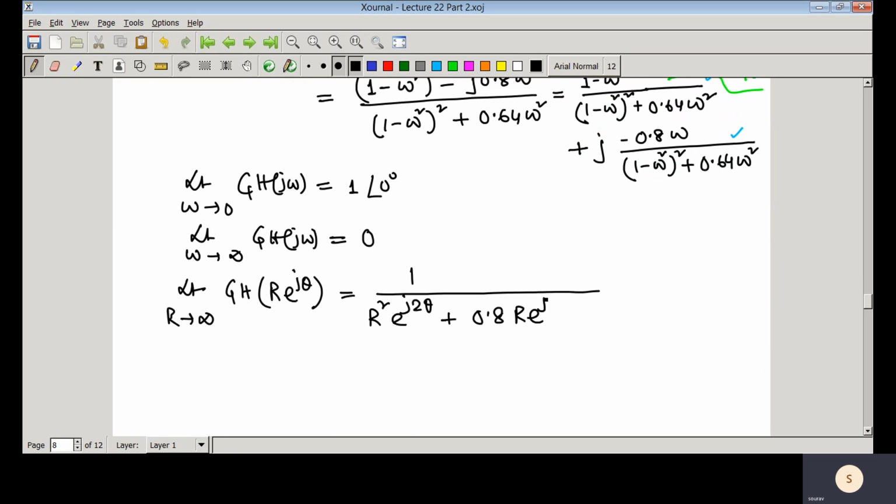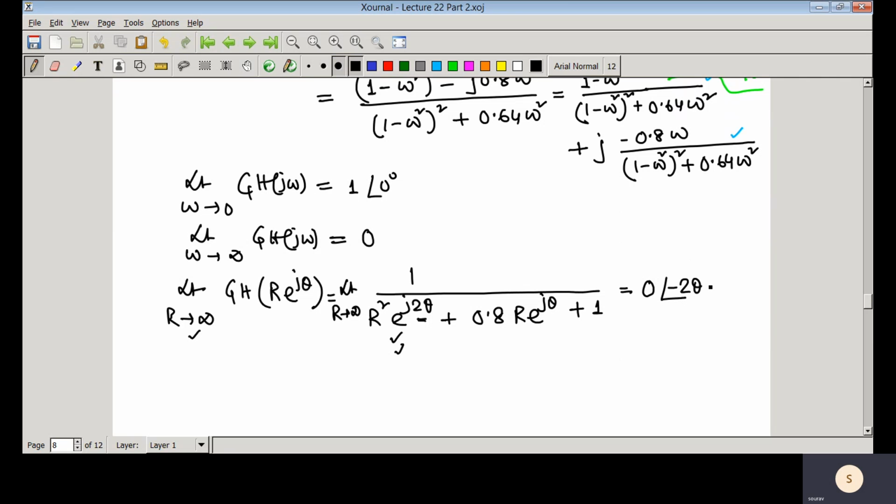Now we can see that whenever r is tending to infinity, limit r tending to infinity, this particular term will be the dominating one. So in the numerator here you will get 2 theta, and in the denominator this particular term would be the dominating one, so that would be minus 2 theta.